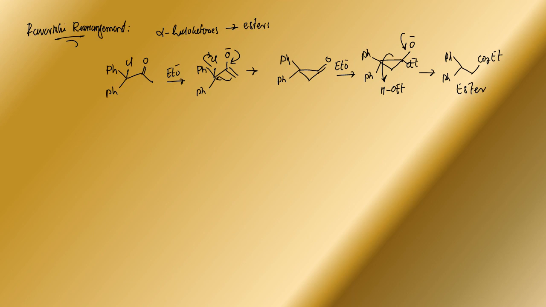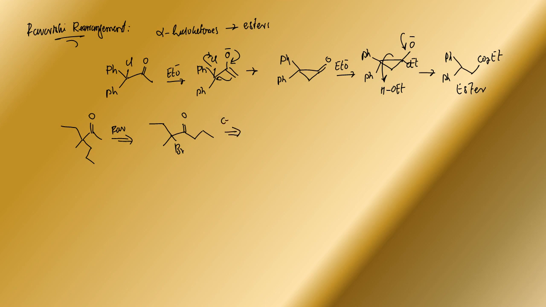Now let's focus on the example which we have introduced at the start of our session, and we are subjecting it to retrosynthetic analysis. So let me perform a Favorsky rearrangement, and I will get an alpha bromoketone.